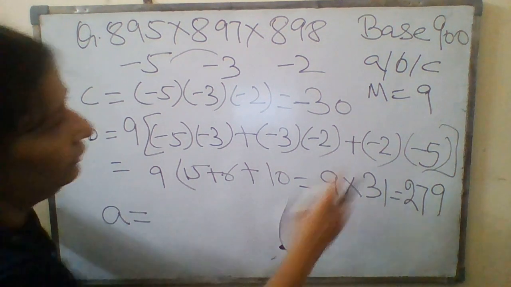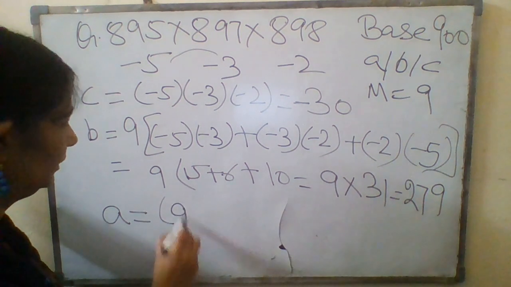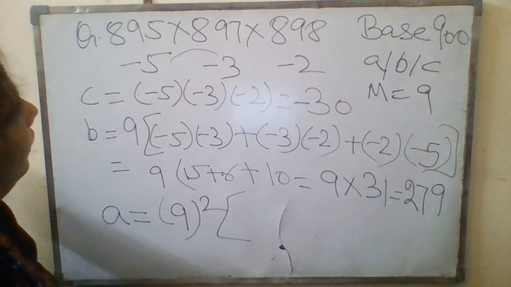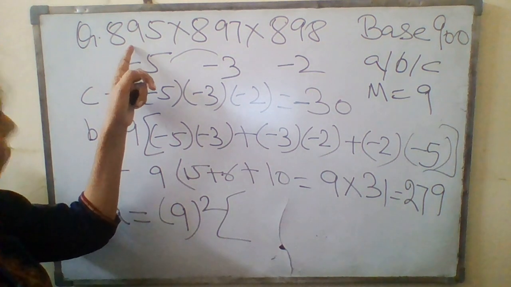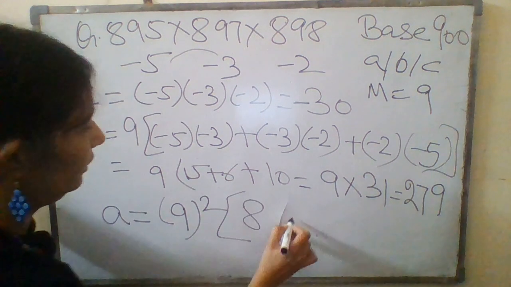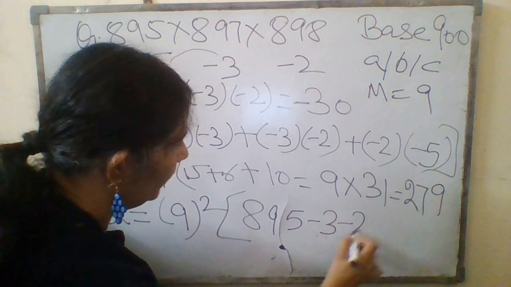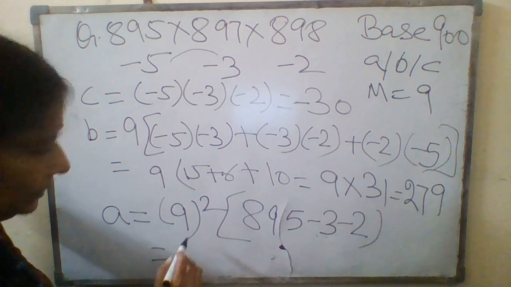Now you have to find out the value of A. And what is the multiplier here? Multiplier here is 9. Okay, so square of 9, then in bracket. Now you see what will I do here. I'm going to take this first term, 895 minus 3 minus 2. Then here 9, square of 9 is 81.